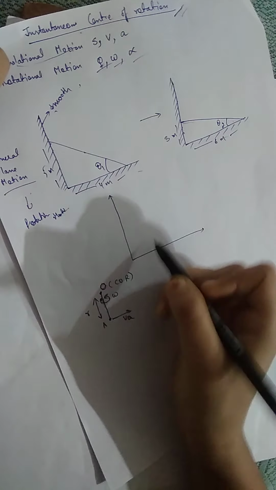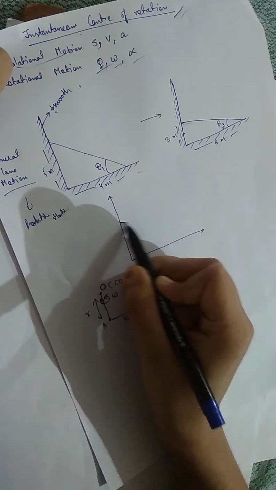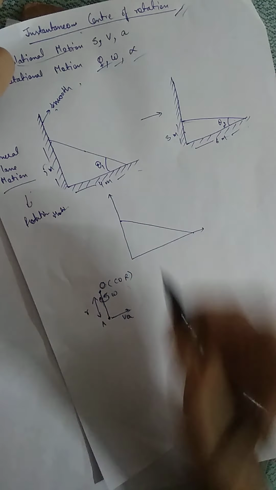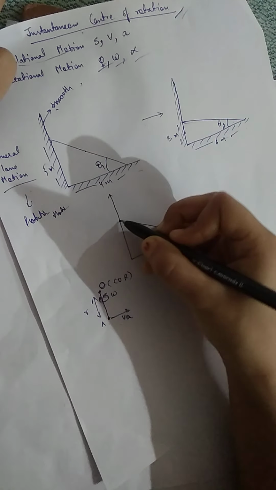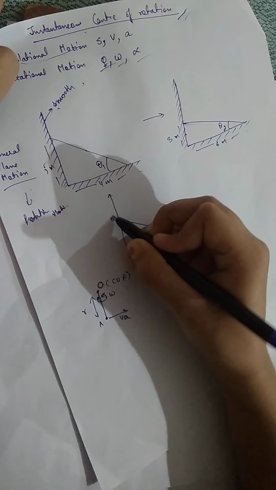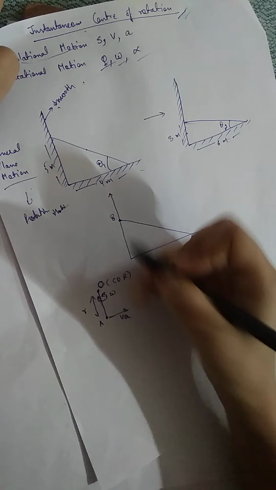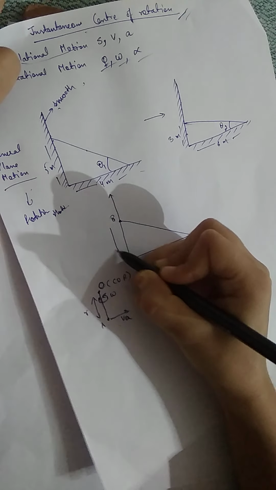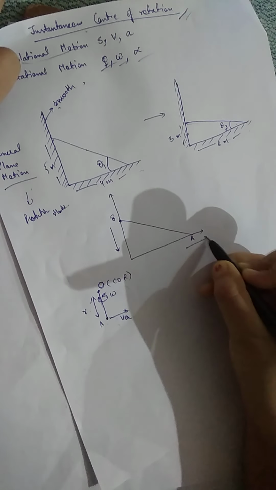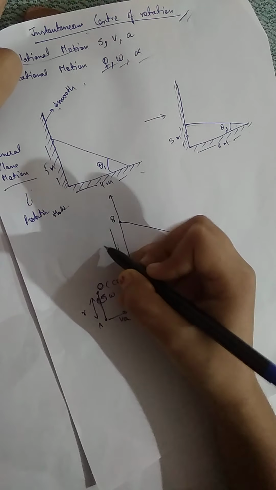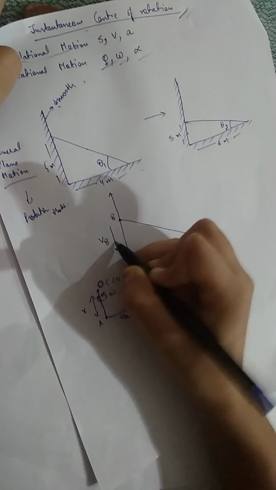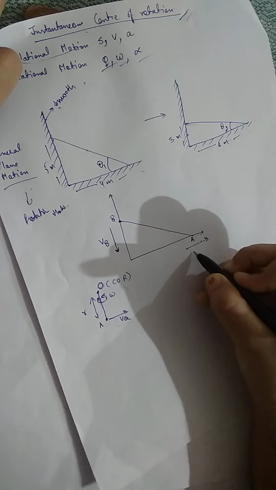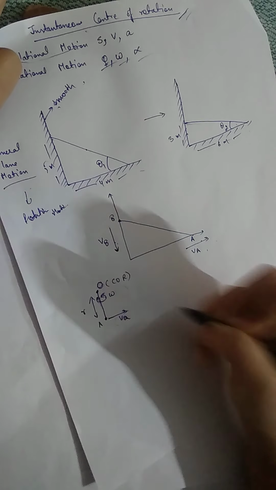instantaneous center of rotation. Suppose our ladder was in this position. Now this point, suppose it was B and this was A. This B is moving downwards and this A is moving rightwards. So its velocity will be VB in this direction and VA in this direction.